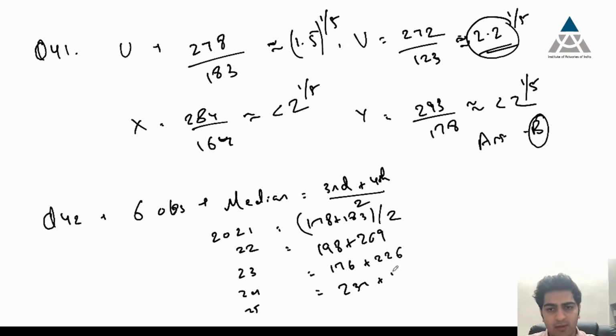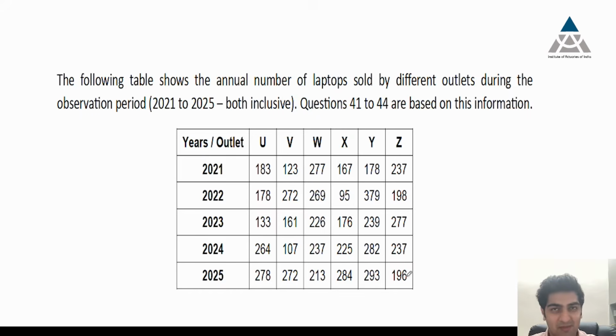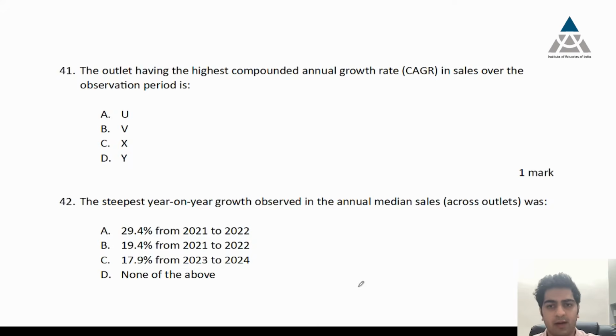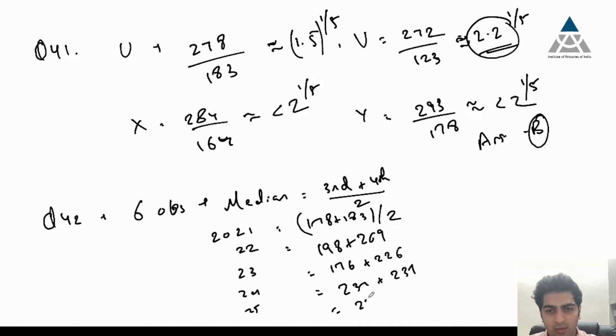So 237 plus 237, this is easy, it's the same number. And 2025, it is 213, then 196, 213, and then you have 272 and 278. So it's 272 plus 278. All of these will be divided by 2, and you will get your median for each of those years.